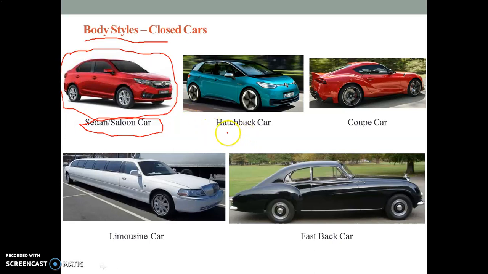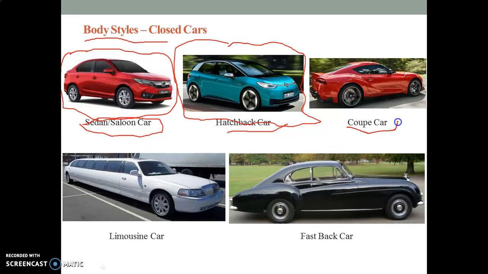Then next is the hatchback car. A saloon with a door at the back is called a hatchback. This is a smaller car in which the luggage carrying capacity is lesser than saloon or sedan cars.